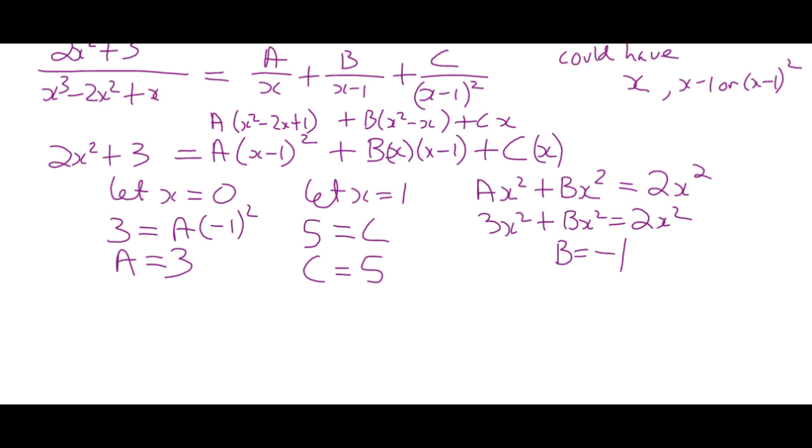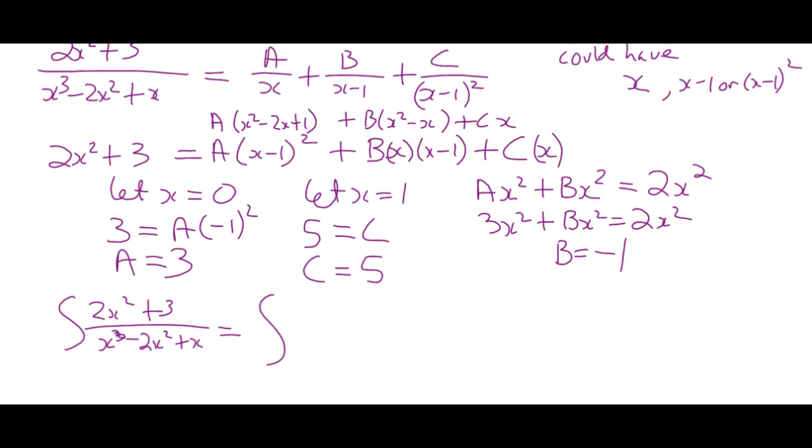So we can write this out. What have we got? The integral of 2x squared plus 3 over x cubed minus 2x squared plus x is equal to, well, it's going to be the sum of these 3 integrals, right?